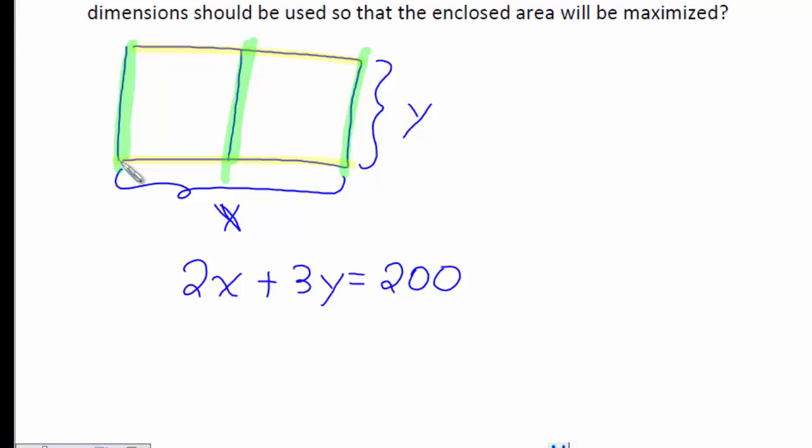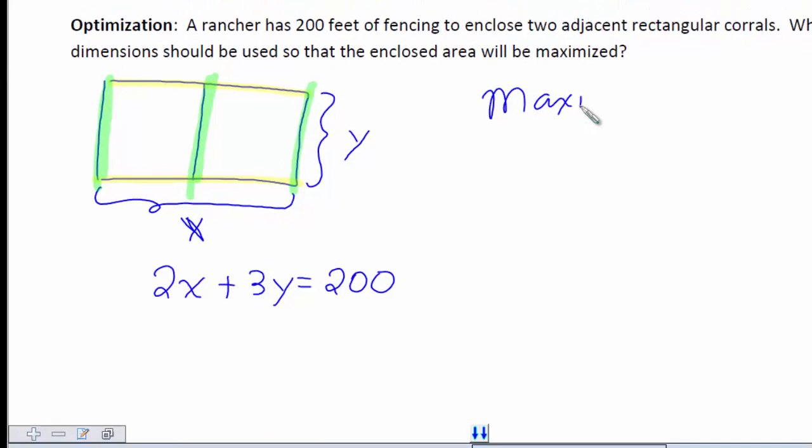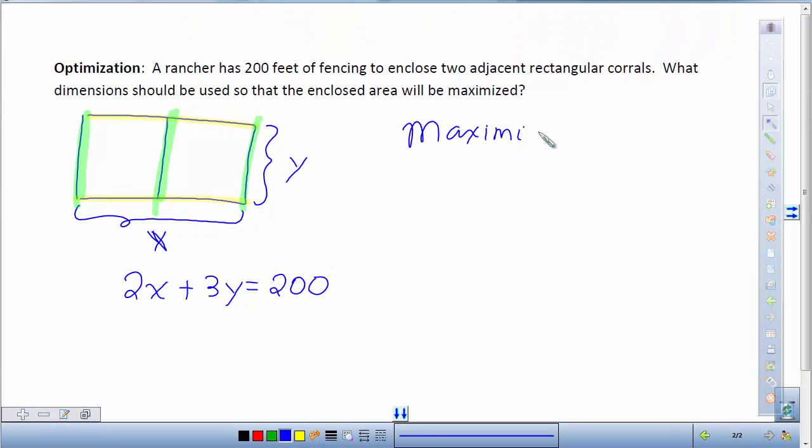My goal here is to maximize the area. The total area of this pen is just going to be x times y. So I want to maximize A equals x times y. If I can, I want to get just one variable instead of two. That's where I'm going to use the equation we came up with, 2x plus 3y equals 200, and solve for one of my variables.